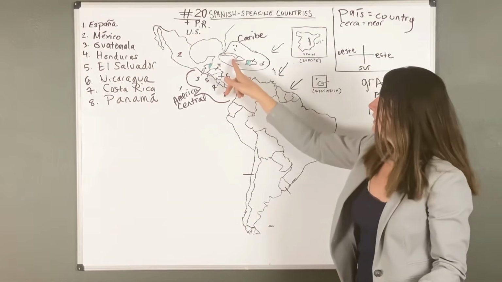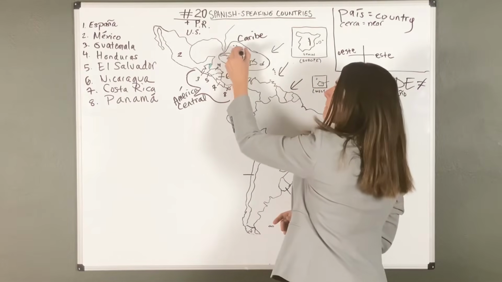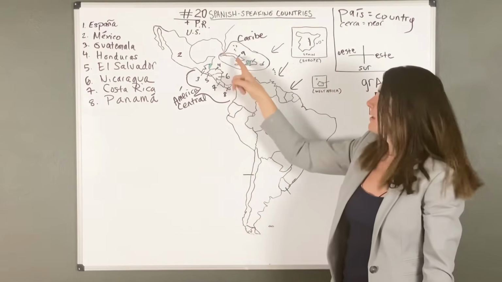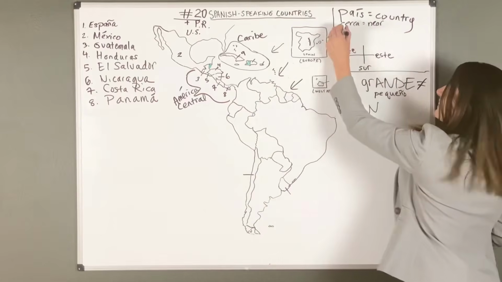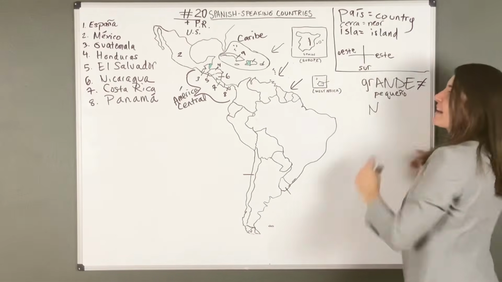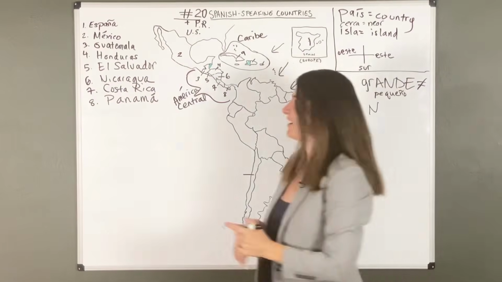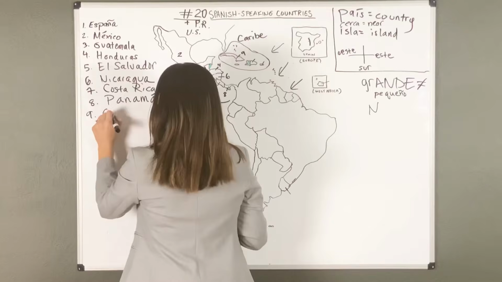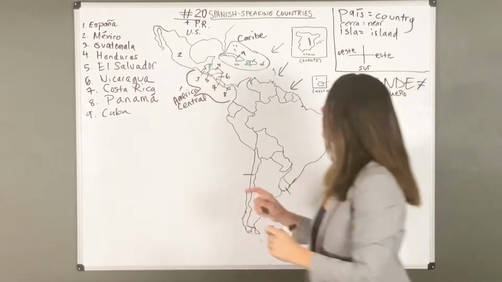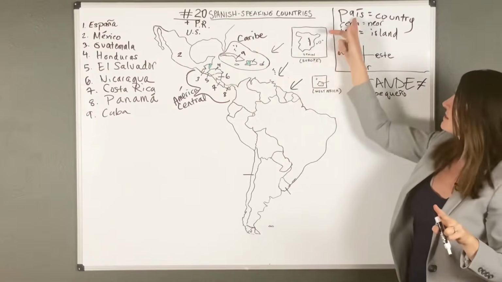Ok. El primer país aquí, número 9, ¿cómo se llama la isla? La isla que está muy, muy cerca de la Florida. Se llama Cuba. Ok, esta isla tiene 2 países.